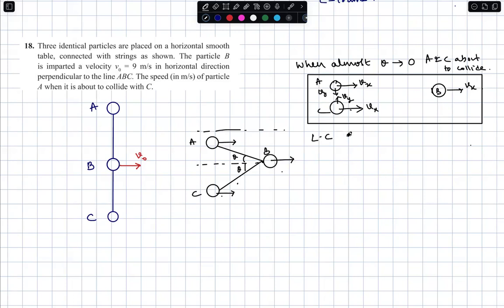Law of conservation of linear momentum along the x-axis. All three are identical. mv0 is 3mvx, so vx is v0 by 3.